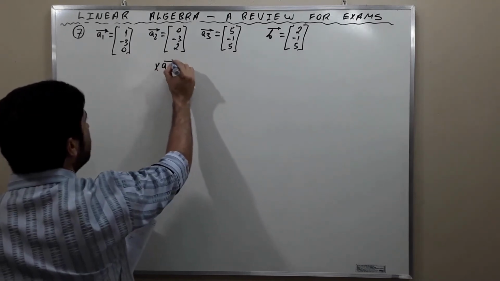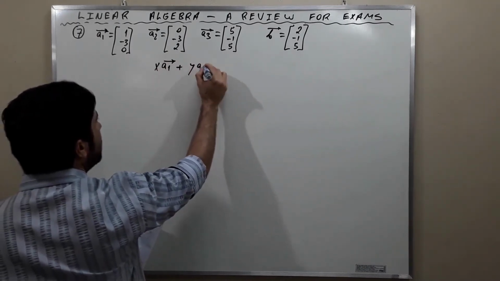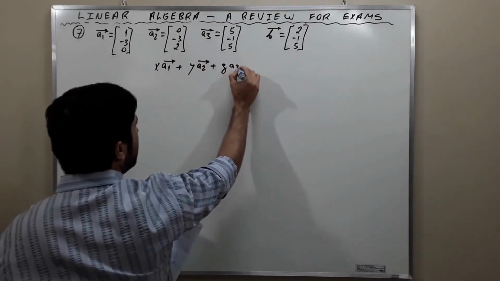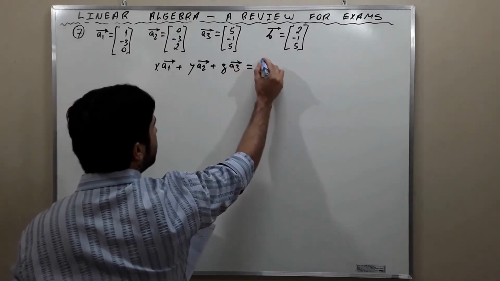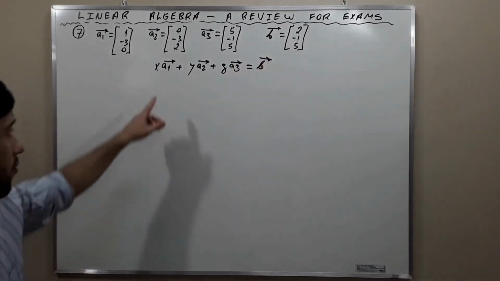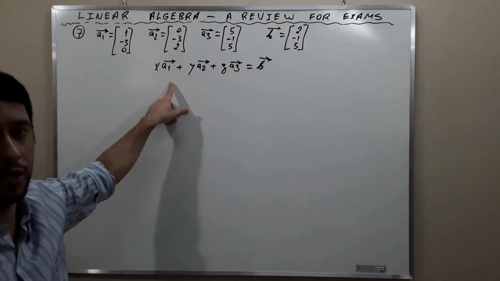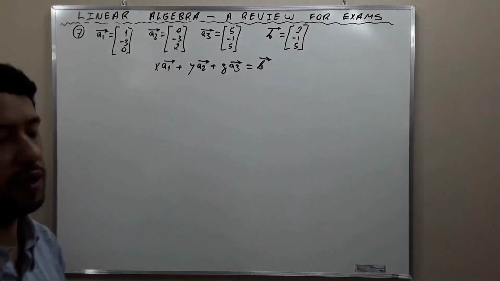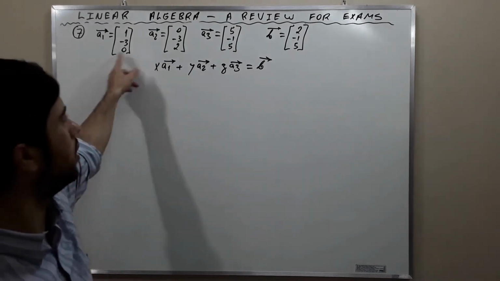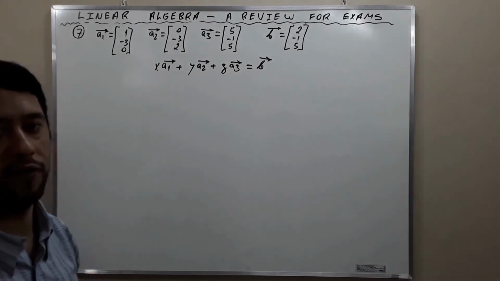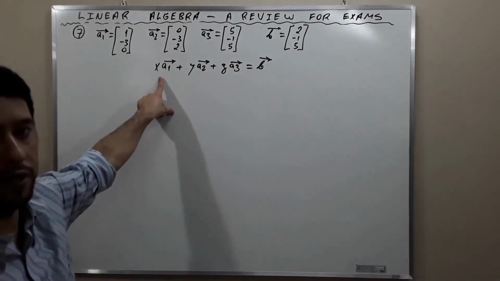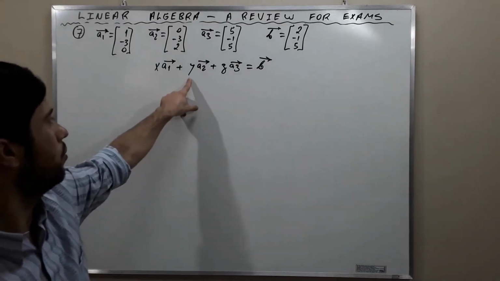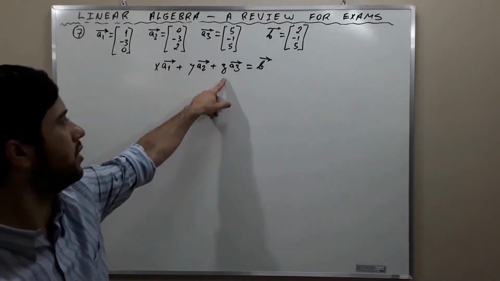x a1 plus y a2 plus z a3 equal to b. Okay? This is the very definition of a linear combination. If b is a linear combination of vectors a1, a2, and a3, then vector b can be written in this way: x a1 plus y a2 plus z a3.